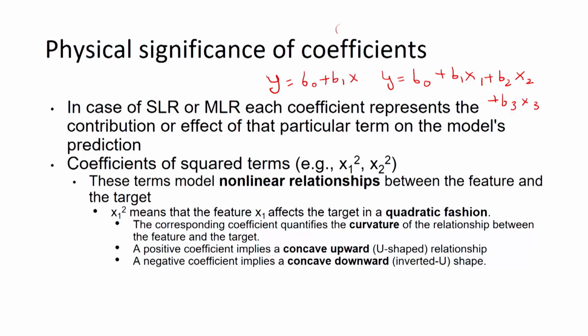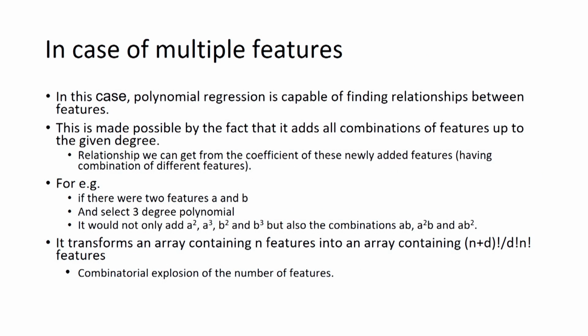Now, we will see what is the physical significance of coefficients in the polynomial regression case. So, in polynomial regression, you may have one term corresponding to x1 square, and then another term corresponding to x2 square, as we have seen here.